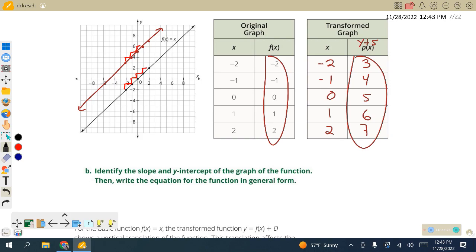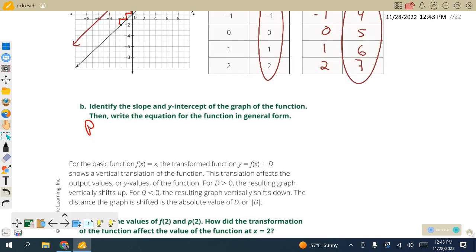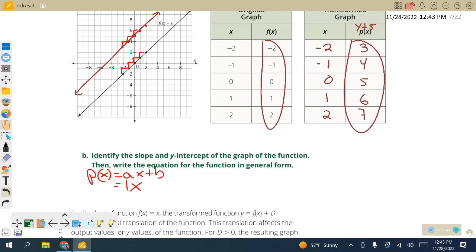So when we write this out, what is this called? This guy is called p of x this time. Slope is 1. And where is it crossing the y-axis this time? It's crossing the y-axis right here, the y-intercept at 5.